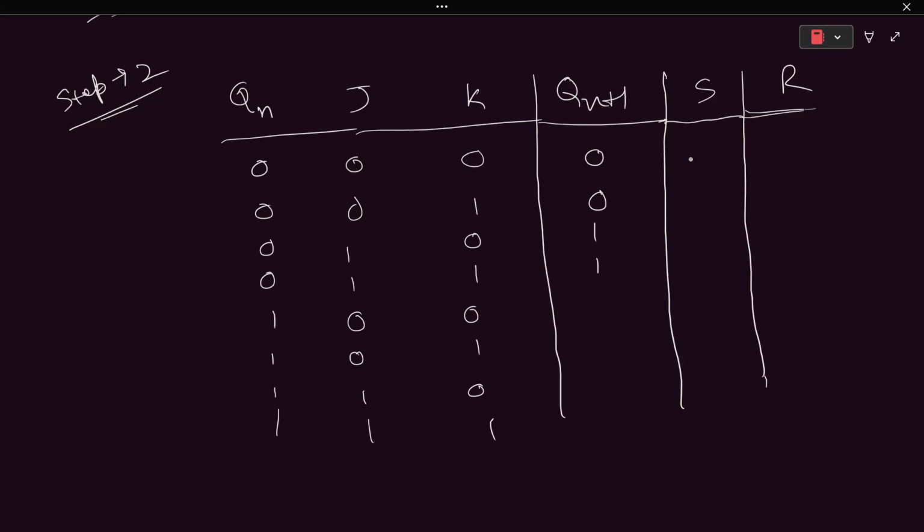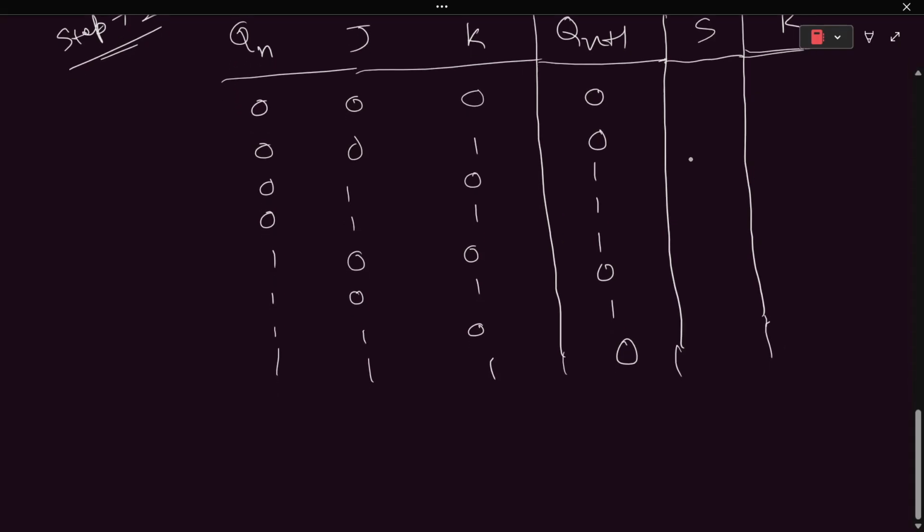After that, 0 0 is memory, Q, this is 1. 0 1 is 0, 1 0 is 1. 1 1 is toggle, Q complement, that is 1 complement, that's 0. So this is the characteristics table of present state and next state.